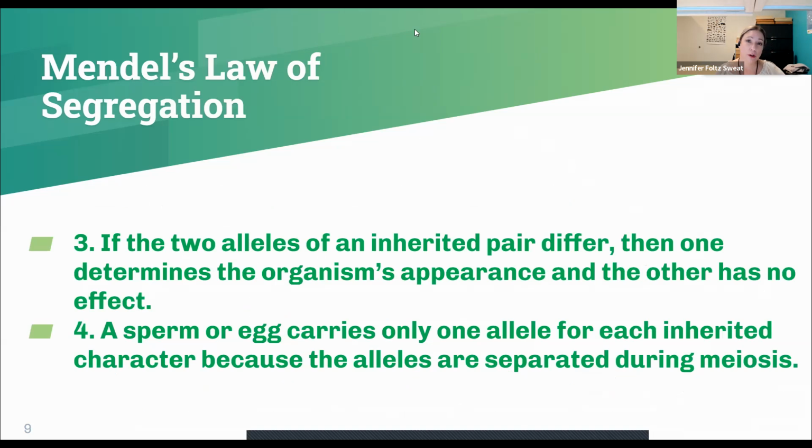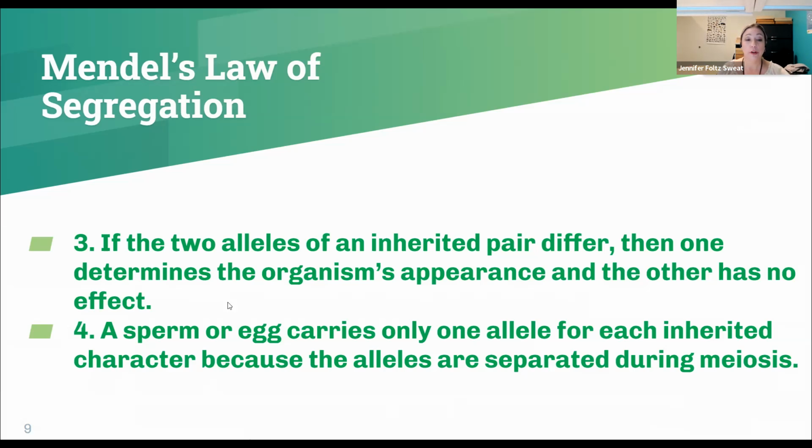There are two other statements that go with the law of segregation. So just to remind you, Mendel came up with the fact that every gene has alleles, and these account for variation in a trait, like purple flowers versus white flowers, and that for each gene, you get one allele from mom, one allele from dad.